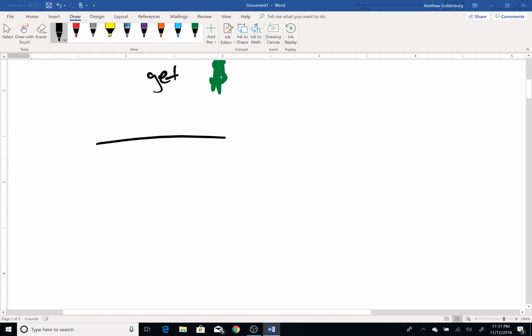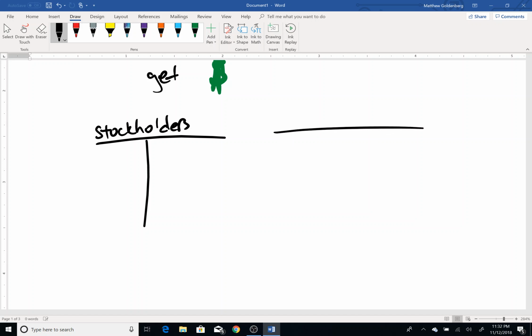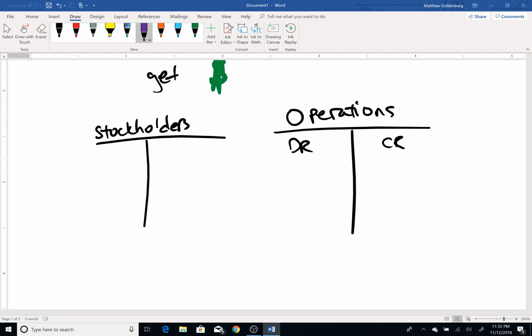So we have stockholders here. Now on this side, we have operations. On one side we have debit, and on one side we have credit. On this debit side for operations, we have dividends.